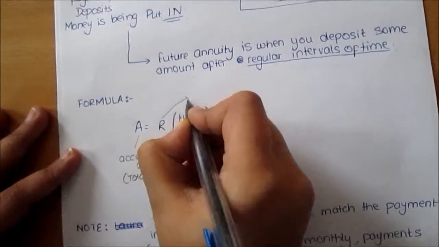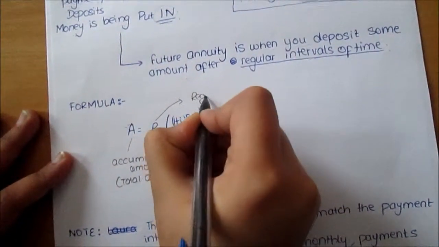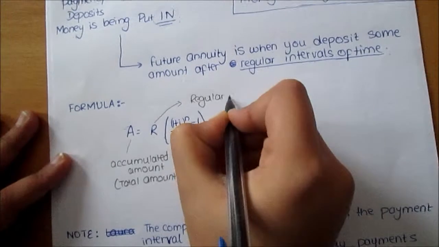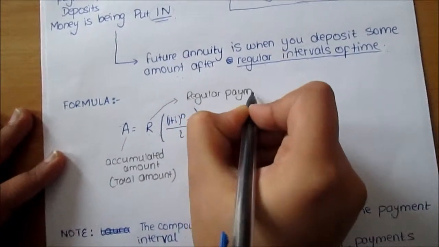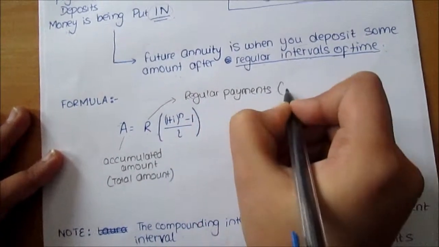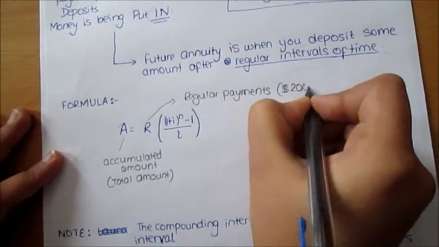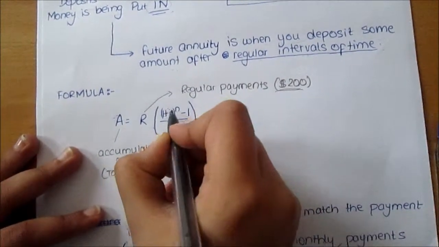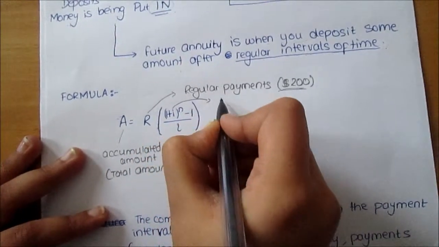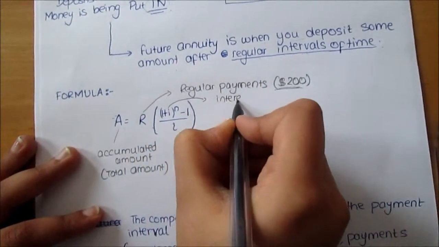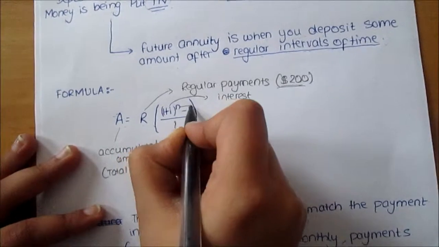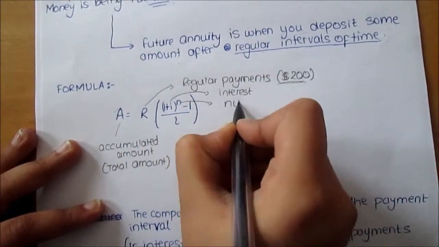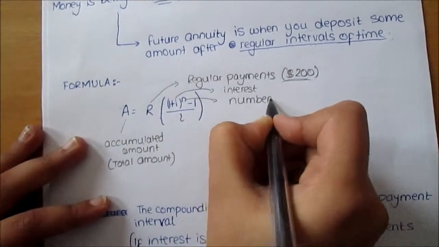R is the regular payments that you make. So suppose you're paying $200 every month or whatever, that's your R. And I is the interest, and n is the number of compounding periods.